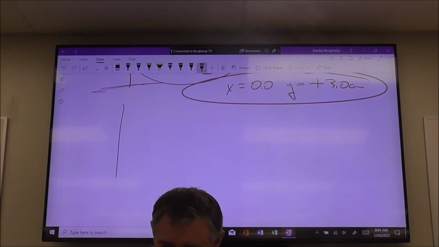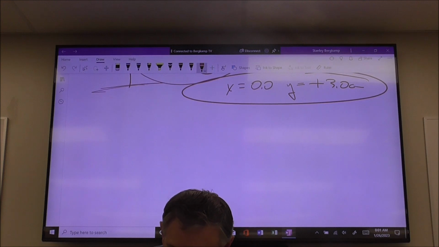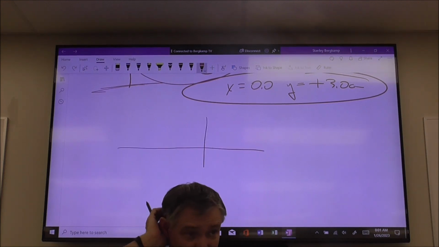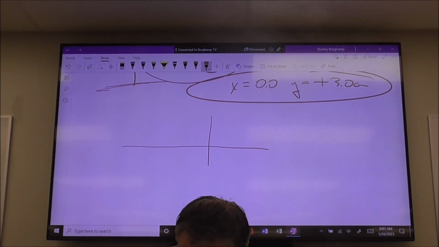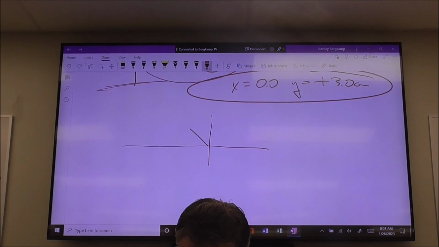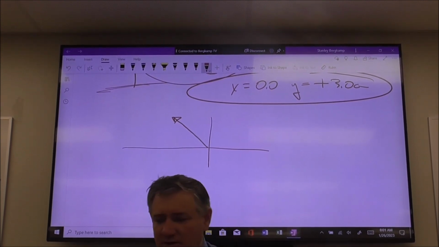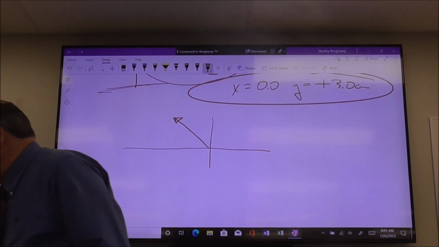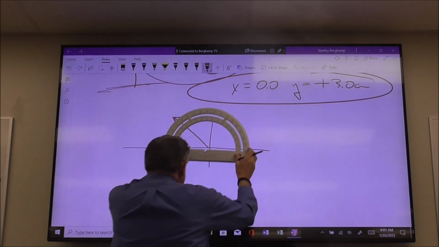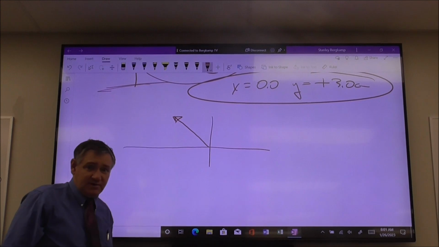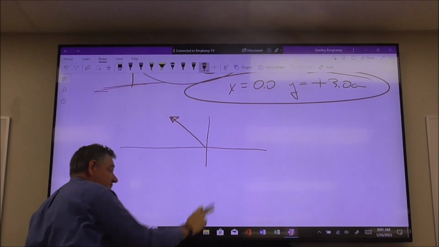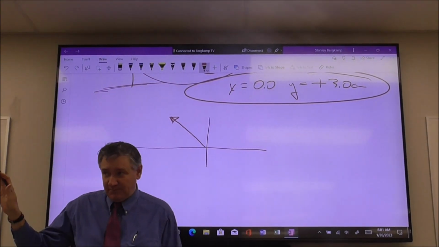What I want you to do on vector C is take your protractor and ruler, just like you did before. You're going to draw out vector C. You're going to take that protractor and put it like this, and measure around 120 degrees, and draw that vector, just like you did before.